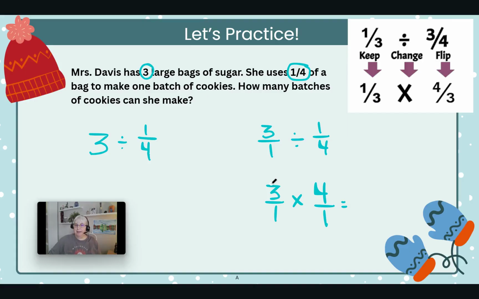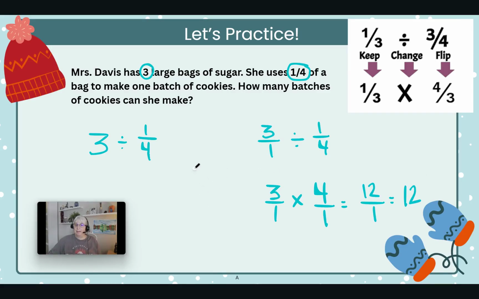Now we multiply. 3 times 4 is 12, and 1 times 1 is 1. A number over 1 is a whole number, so 12/1 is the same as 12. So she can make 12 batches of cookies with the sugar that she has.